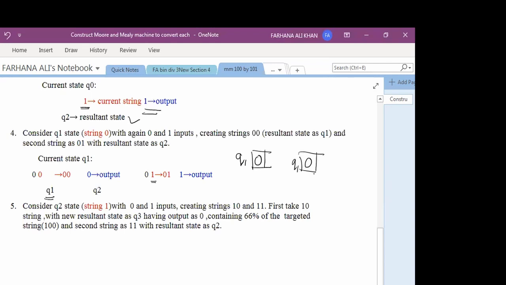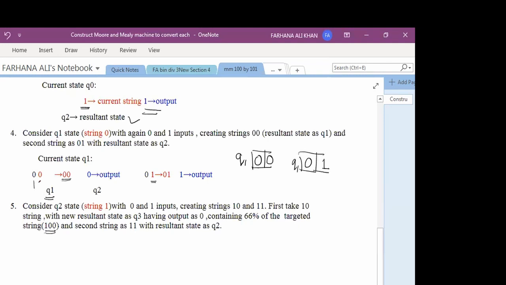Now, as we are having the binary number system, the next symbol can be either 0 or 1. If it is 0, this is your previous 0 and this is your next 0. After writing these two bits together, the newly created string is 00. Does it contain any percentage of your targeted string? Our targeted string is 100, which starts with 1 and then has 0s.